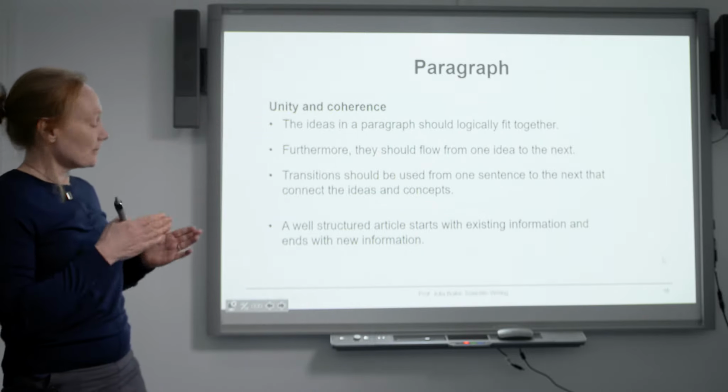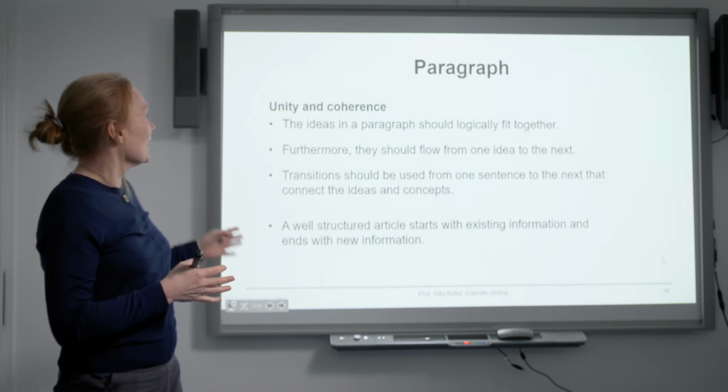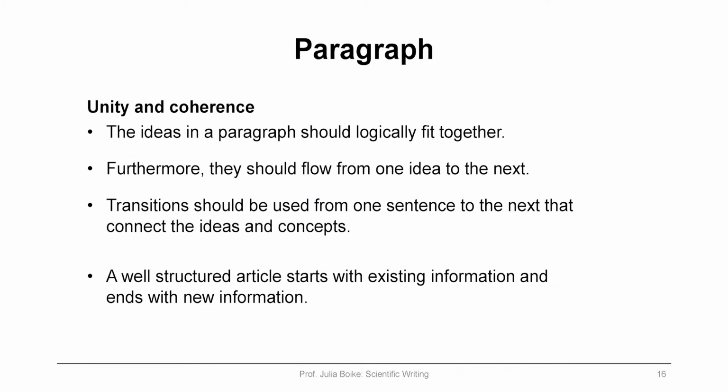So paragraphs as the smallest unit, the ideas in a paragraph should logically fit together. They should flow from one idea to the next, so they need to be connected. Transitions should be used to formulate these connections, so connect the ideas and concepts. And a well-structured article starts with existing information, ends with new information, and I will talk about that a little bit more soon.